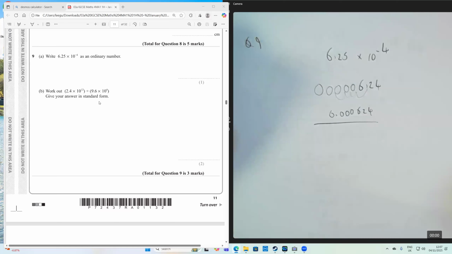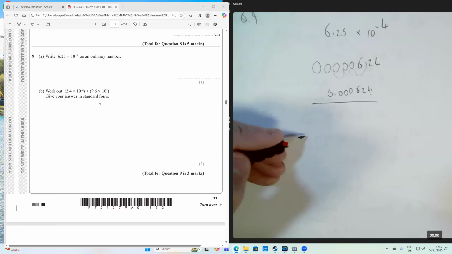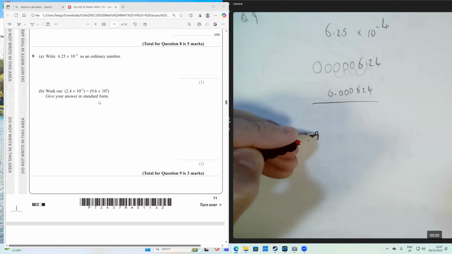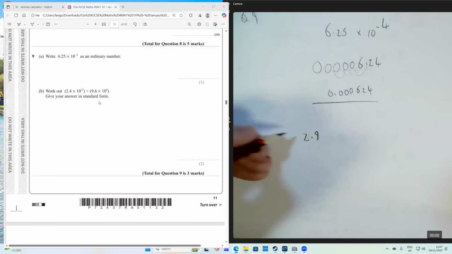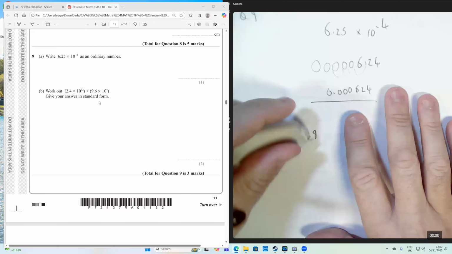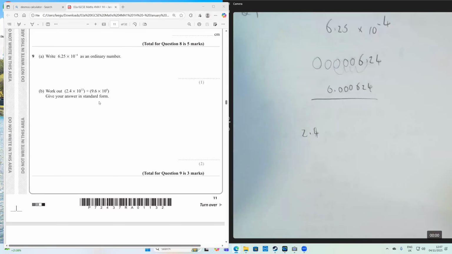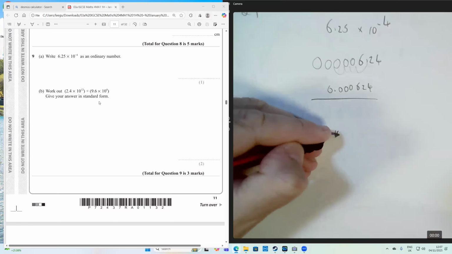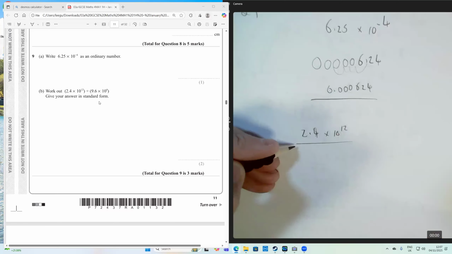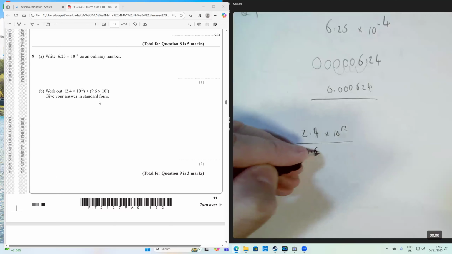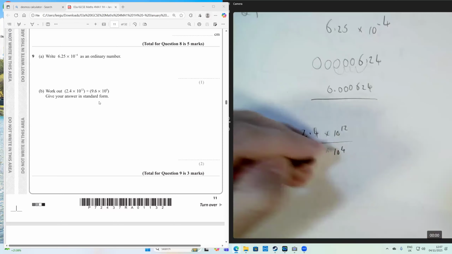Okay. Now the next one, work out 2.4 times 10 to the 12 divided by 9.6 times 10 to the 4. Okay, so let's have a look at that. Let's write that down. So we've got 2.4 times 10 to the 12 divided by 9.6 times 10 to the 4.